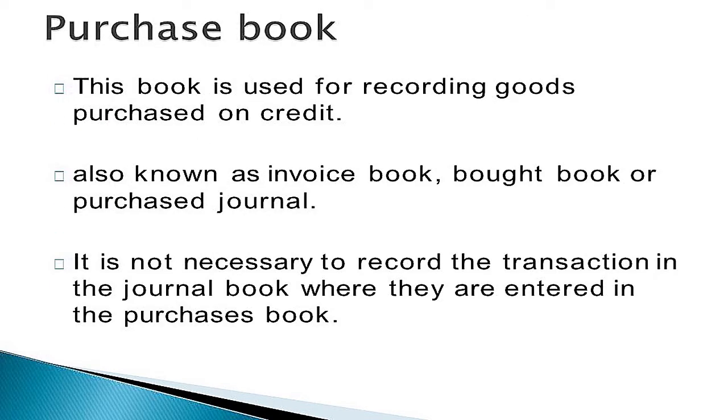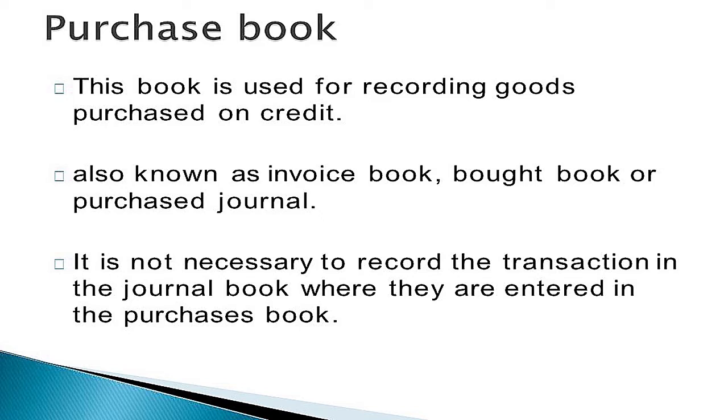The purchases book is used to record only goods purchased on credit, and it is also treated as an invoice book. It is not necessary to record these transactions in the journal where they are entered in the purchase book. As I already told, if you open a purchase book, all credit purchases of goods are entered directly in the purchases book.